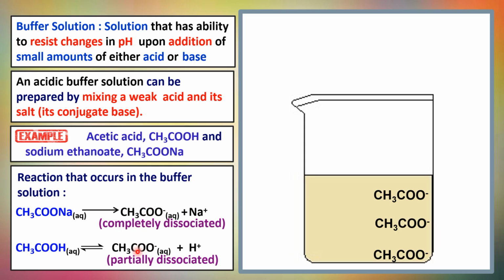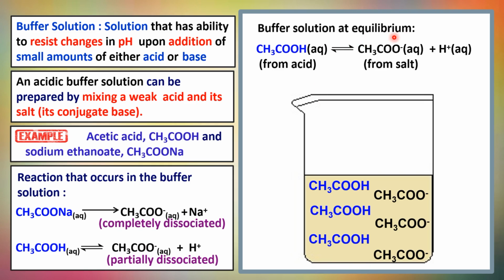As we can see here, both chemical reactions produce the same anion, and that is what is called the conjugate base. Since the salt is 100% dissociated, it will contribute a larger amount of conjugate base compared to the dissociation of the weak acid.